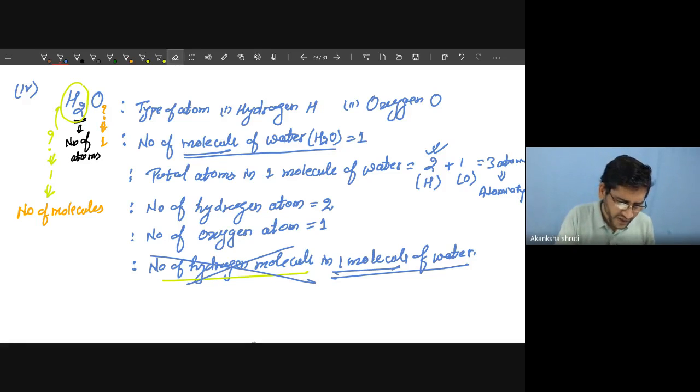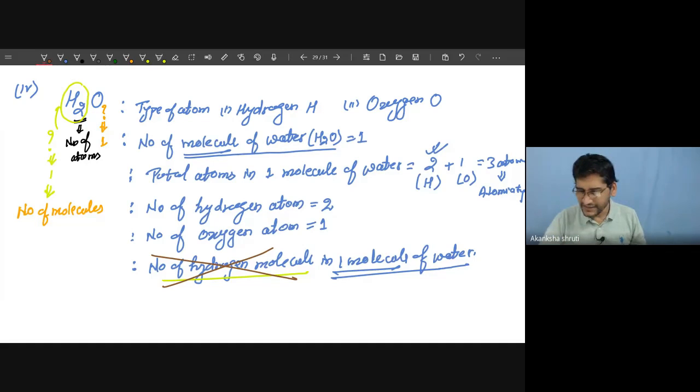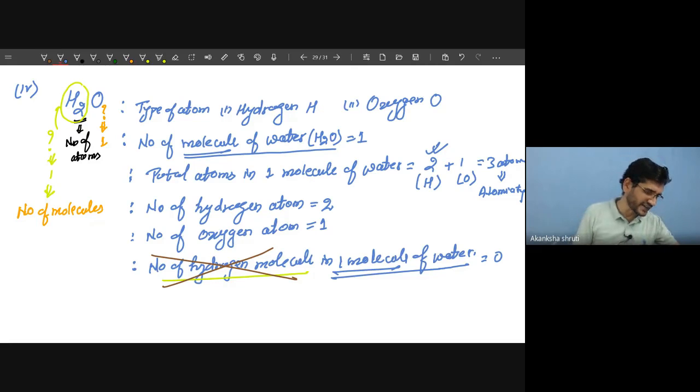Okay, student? So you shall not get confused that the number of hydrogen molecules is 1. No. That is wrong. So the number of hydrogen molecules in one molecule of water doesn't carry any sense. Such questions are never asked. But if anyone is saying like that, then it means it is 0. It does not contain an entire molecule of hydrogen, but 2 atoms of hydrogen are present here.